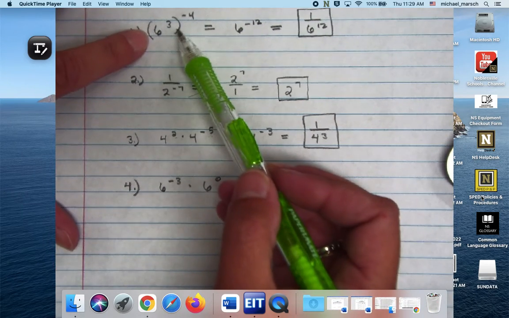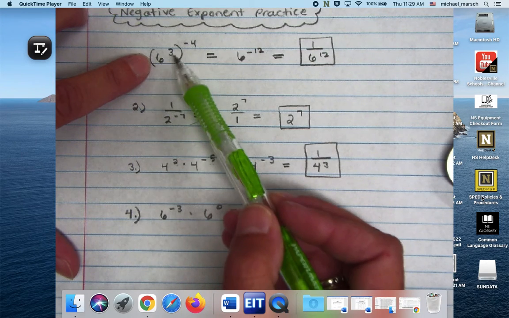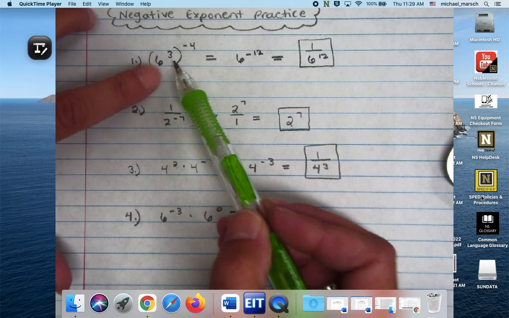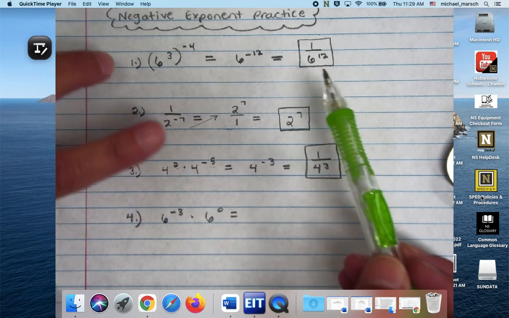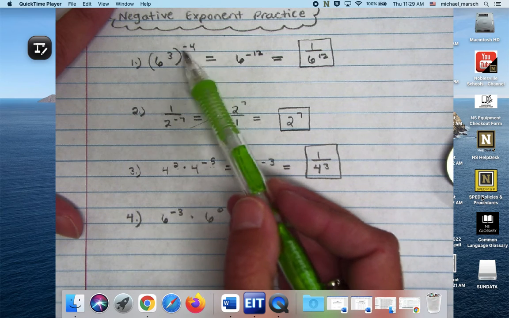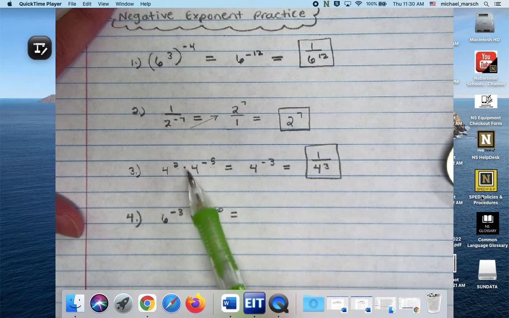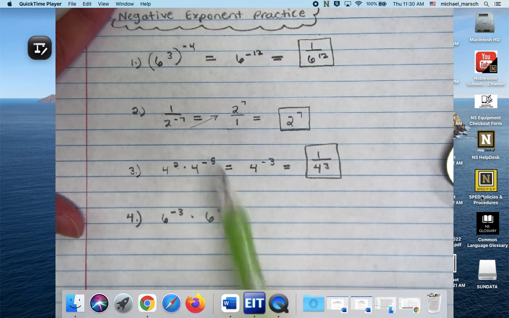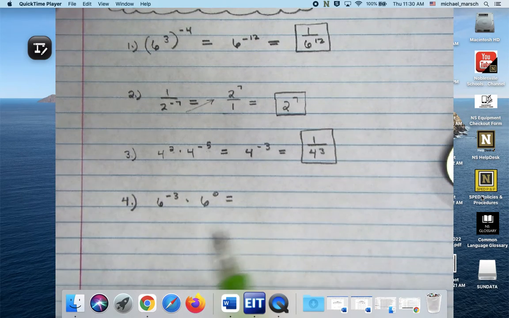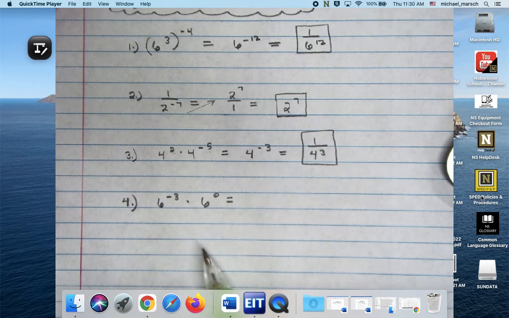We multiplied up here when we had this times this on the outside, because this is like saying 6 to the third times 6 to the third times 6 to the negative 4. It's complicated. But yeah, this is when we multiply. This is when we add them. And then we'll practice some of the quotient ones a little bit later. Good question. Maggie, what do you think?